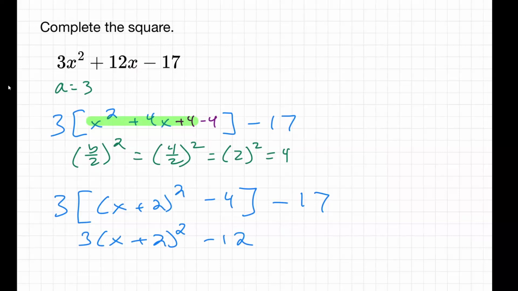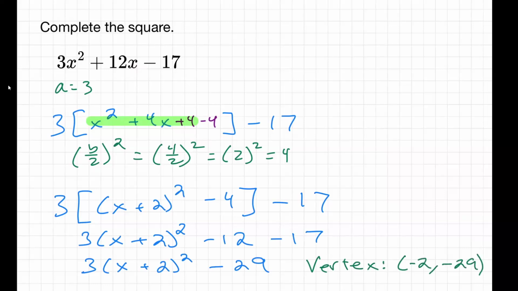So the negative 4 is now negative 12. With that negative 12, though, we can then add that together with negative 17. And we have our standard vertex form. So we can go ahead and, oh, hey, I got my vertex now.